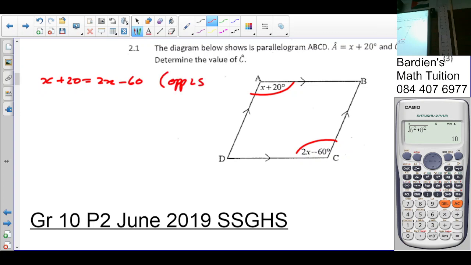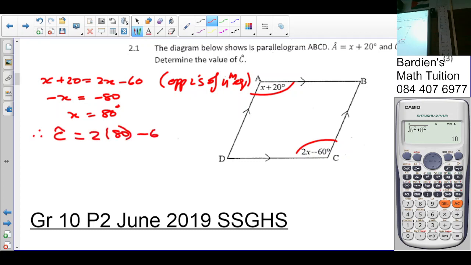Opposite angles of parallelogram equal. Okay? So solve for x, so negative x equal to negative 80, x is then equal to 80. Never stop there and answer the question. They want angle C. So angle C is going to be 2 times 80, which is 160, minus 60 is going to give us 100 degrees. Okay. No reason required there.